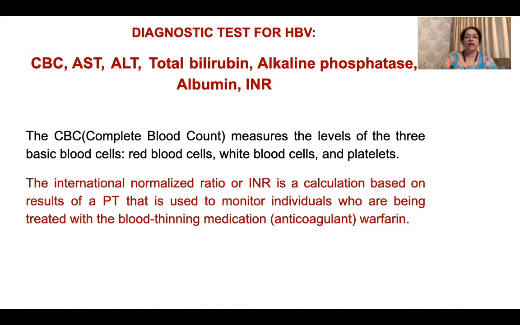The complete blood count measures the level of 3 basic blood cells: red blood cells, white blood cells as well as the platelets. The international normalized ratio or INR is a calculation based on results of a PT, that is prothrombin time, that is used to monitor individuals who are being treated with blood thinning medication.